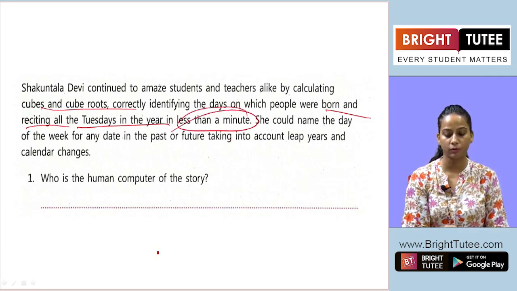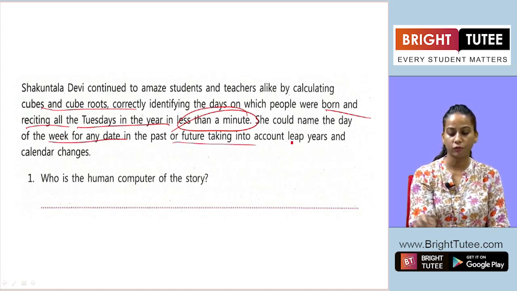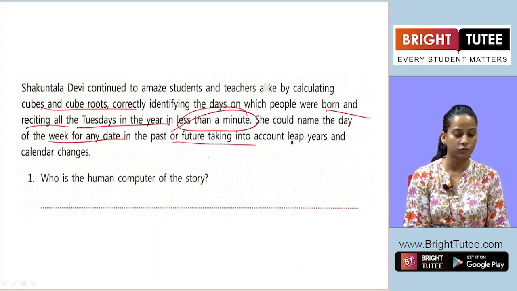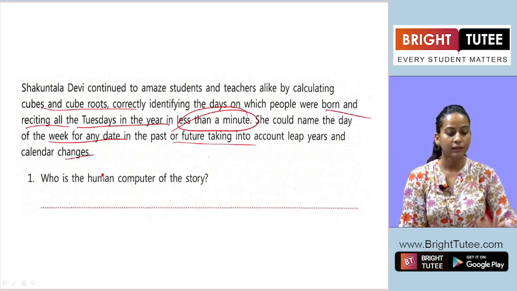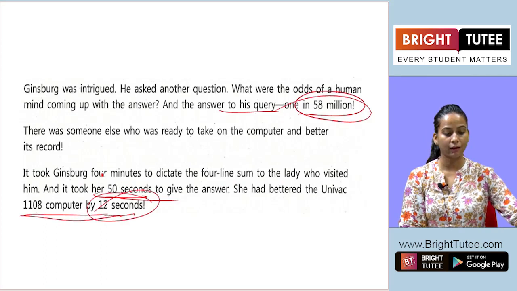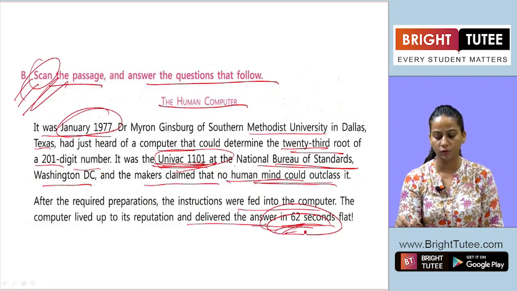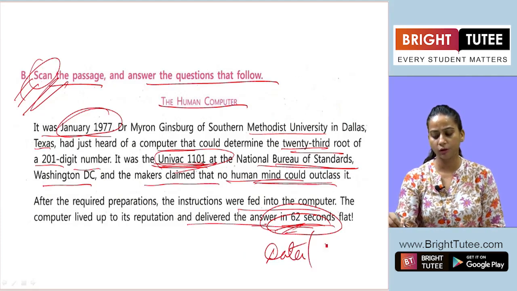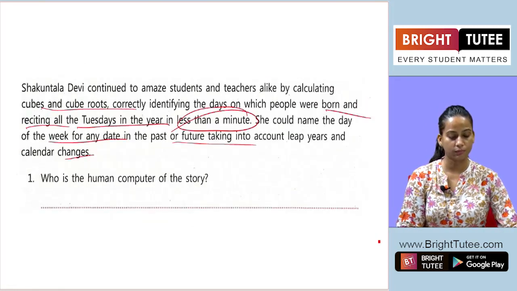She can name the day for a date in the past or future, taking into account the leap years also, the calendar that changes accordingly. So all these are information that we have collected through scanning. Instead of reading the whole passage, we just keep focus on the data given or the main information provided here. Clear? So we'll go to the questions now that have been given based on the same.